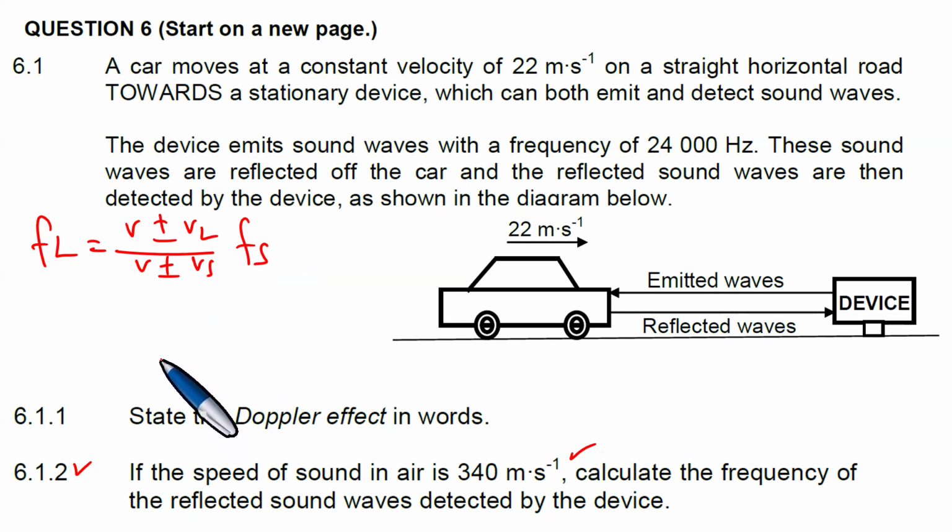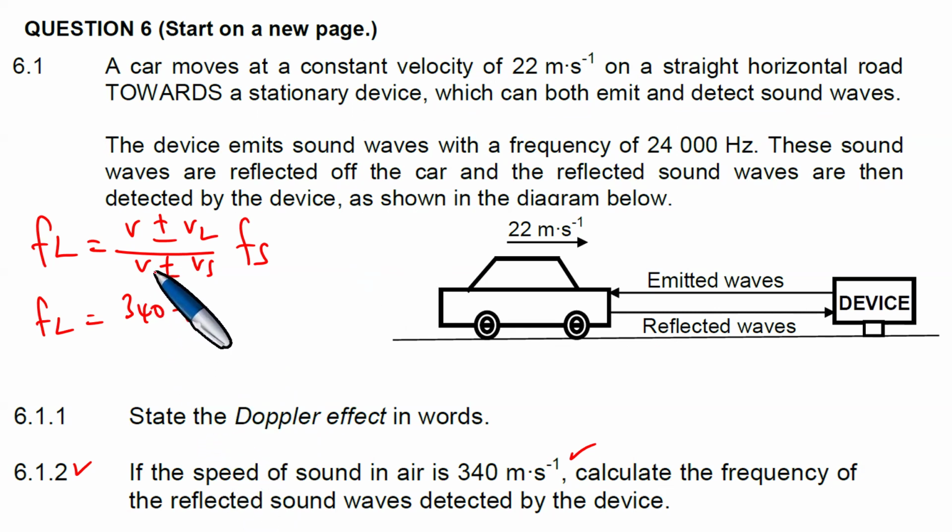And therefore, we perform further calculations, and we then say the frequency detected by the listener is the velocity of sound in air, which is 340, plus the velocity of the listener. Remember the velocity detected by the listener, because a car moves at a constant velocity of 22 meters per second on a straight horizontal road towards a stationary device which can both emit and detect sound waves.